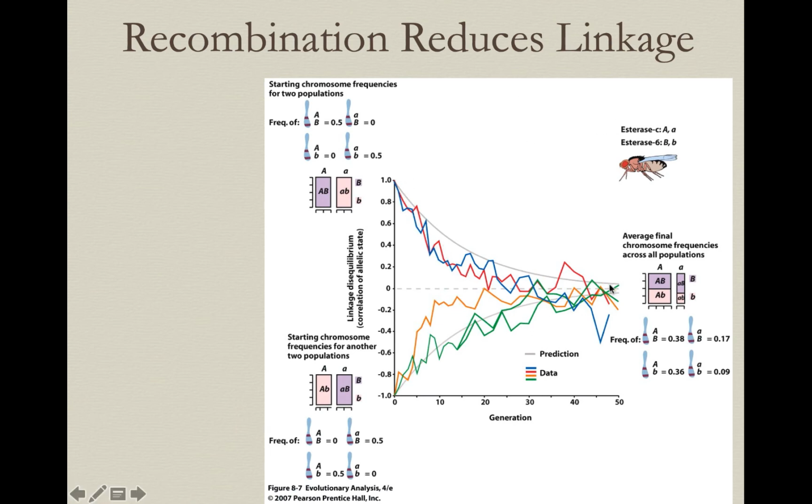But this is a pretty powerful demonstration that recombination, even for populations that are completely in linkage disequilibrium, in just a few generations, so about 30 generations, they're already getting really close to linkage equilibrium, and by the time we get here, most of them are, except again, sometimes we get genetic drift causing some bizarre deviations.